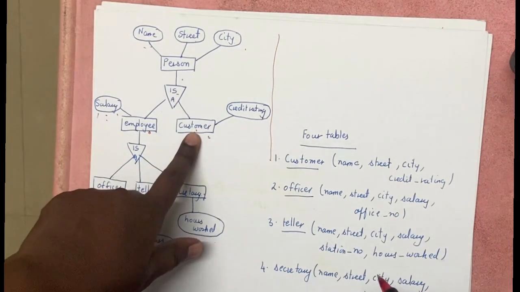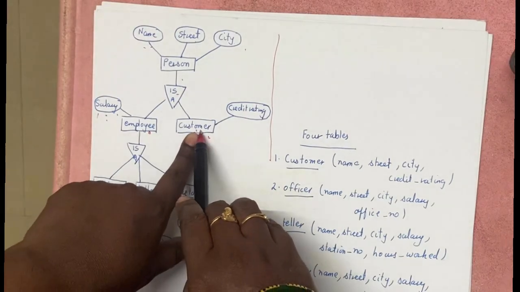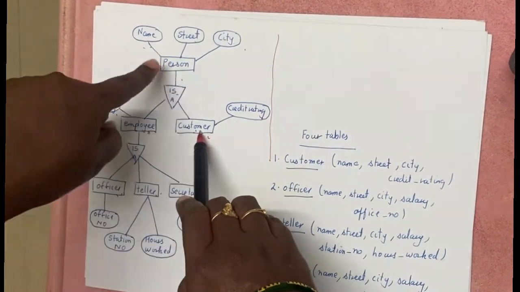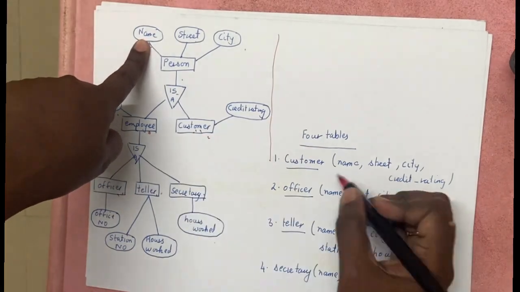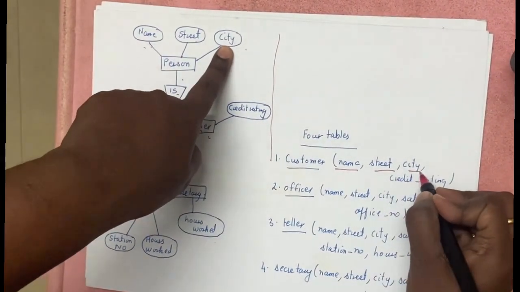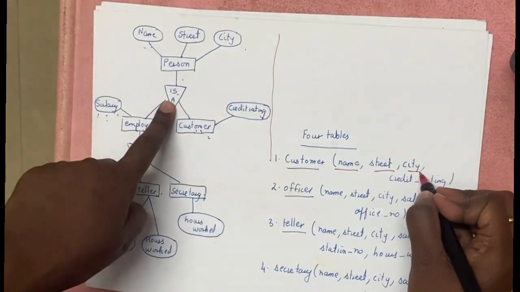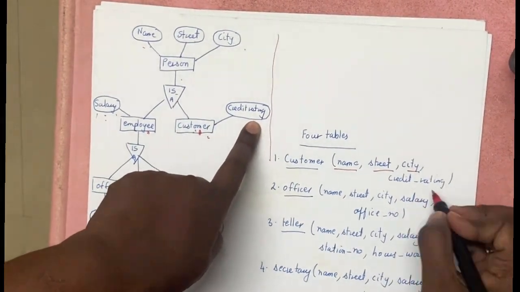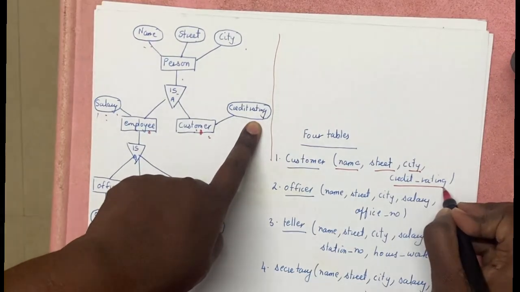So the first entity I am going to take is customer. A customer is going to inherit all the attributes of the person. So name, street, city are derived from person, and the customer also has his own attribute, which is nothing but credit rating.